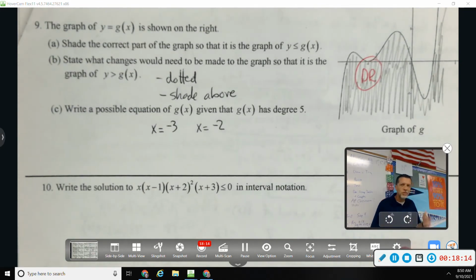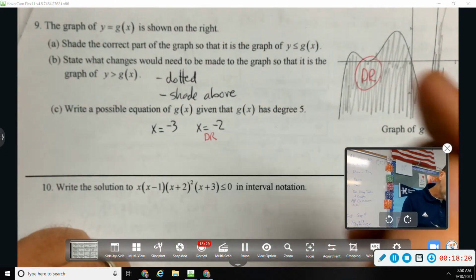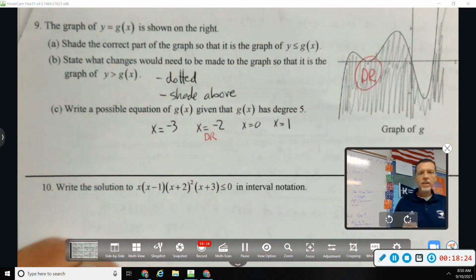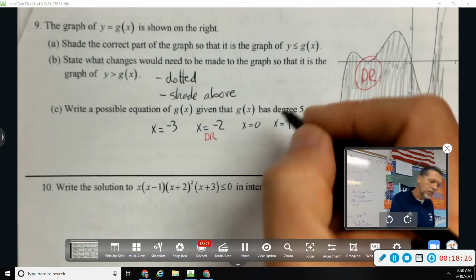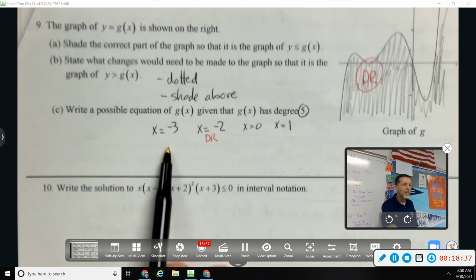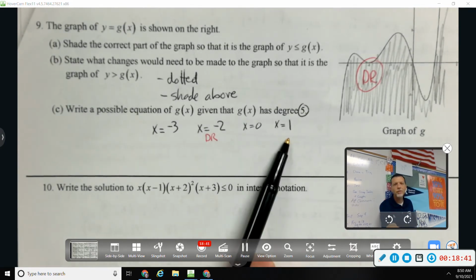It's just we have to be alert for a bouncer means that's a double root. X equals 0 and x equals 1. Oh, that's good. Degree 5. And how many zeros did we just come up with? 5, right? Because, again, we know how to count the double root. If an Algebra 1 student walked in, and we ask them how many answers there were, they'd say 4, and we'd understand why they say 4, but there's a double root.